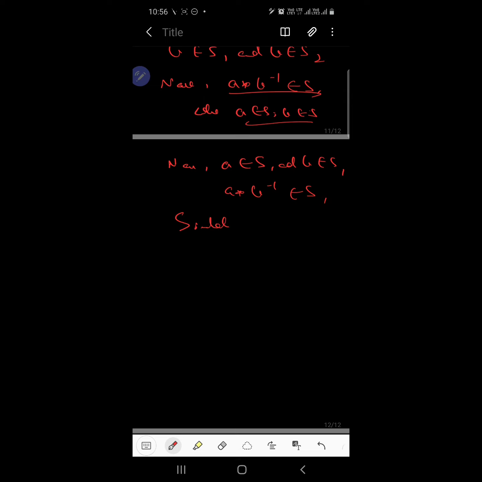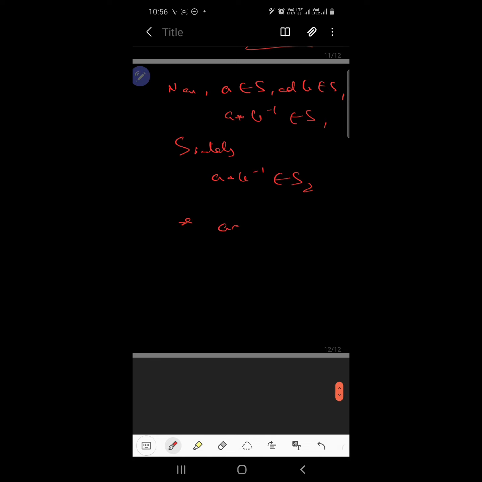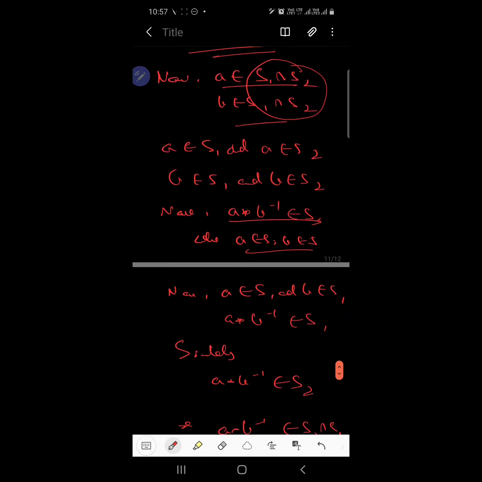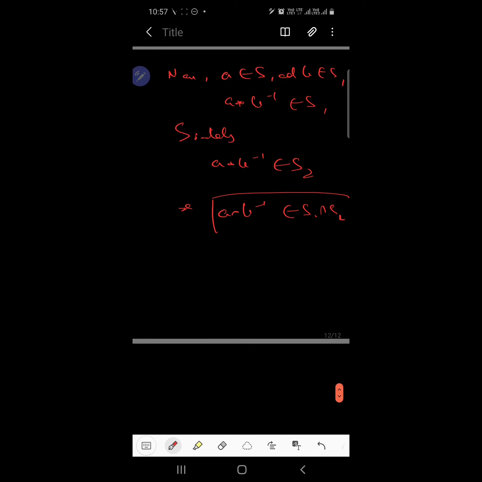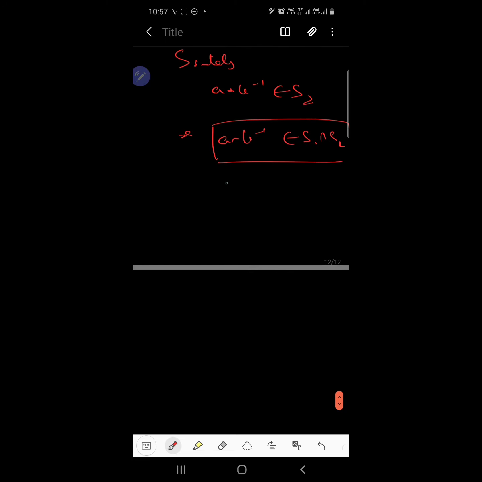Similarly, A star B inverse belongs to S2. That means A star B inverse belongs to S1 intersecting S2. Therefore, when A and B belong to S1 intersecting S2, A star B inverse also belongs to S1 intersecting S2. Therefore, the closure property, or basically theorem 4, is obeyed.